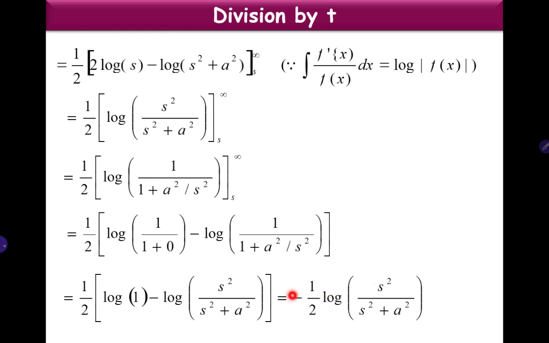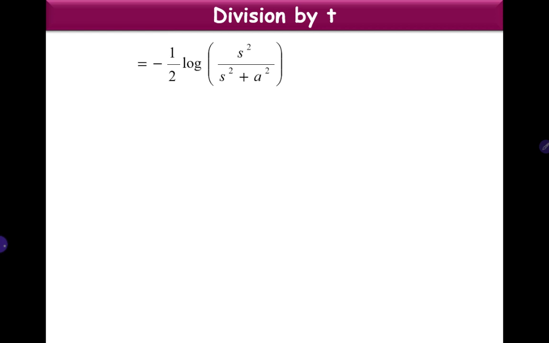To further simplify, minus 1 by 2 can be taken to the power of this term, because m log a can be written as log of a power m. So taking minus 1 by 2 as the power of s square by s square plus a square, we get log of s square by s square plus a square whole power minus 1 by 2.